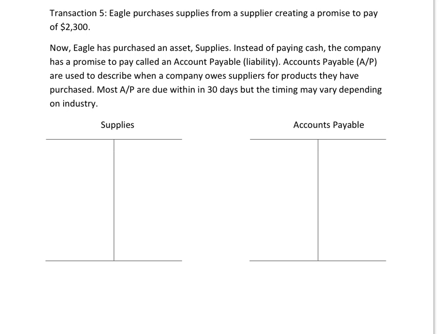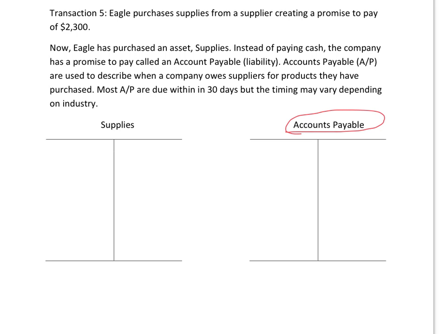All right, the last transaction for this video tutorial is Transaction 5. And Eagle is going to buy supplies from a supplier, but not yet pay for them. They're going to issue a promise to pay. And we're going to call that promise to pay our suppliers accounts payable.